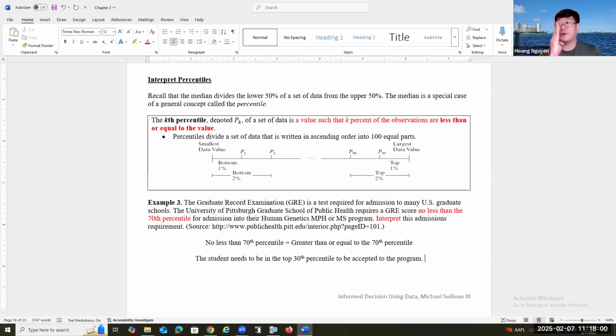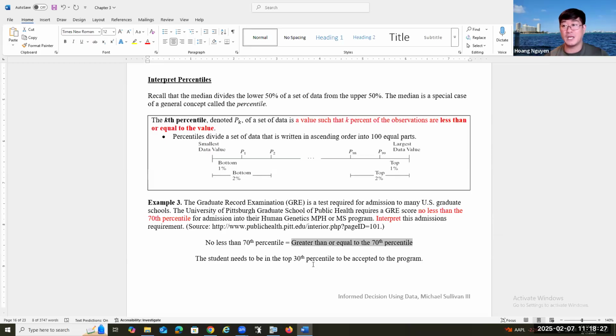So the 70th percentile separates the bottom 70% and the top 30%, and the admission requirement is greater than or equal to the 70th percentile. Greater than is on the right-hand side, so you have to be on the right-hand side of the 70th percentile, and on the right-hand side is the top 30%.